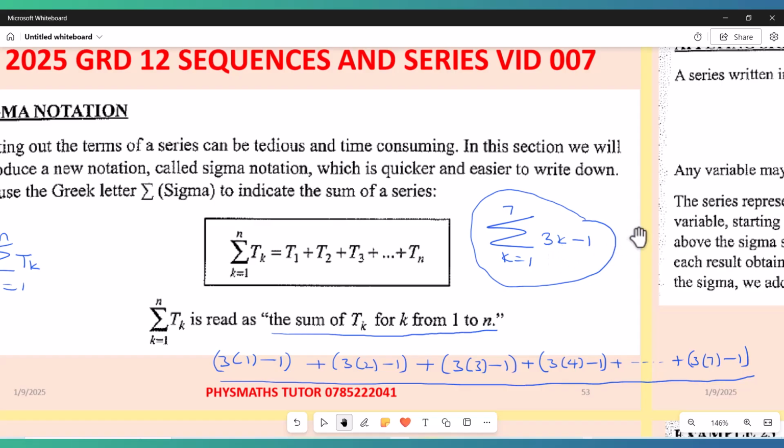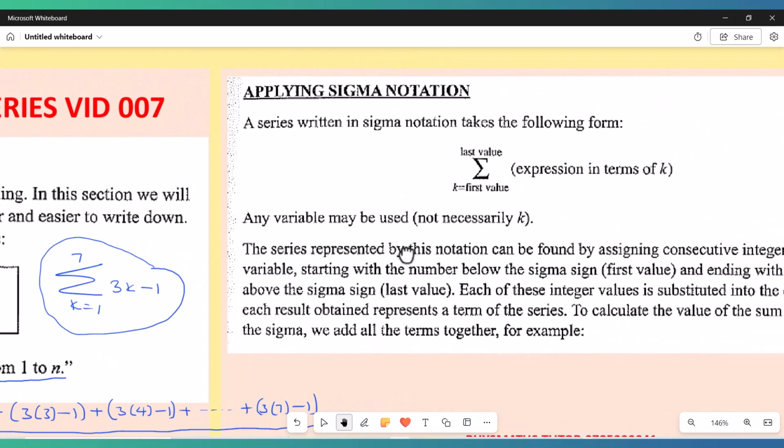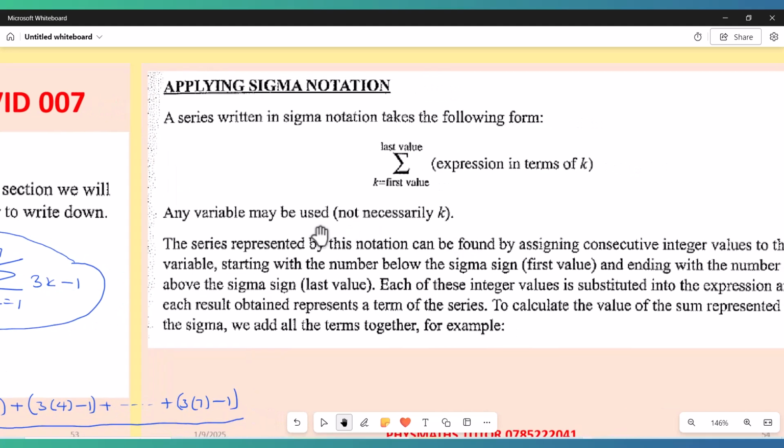Let us proceed now, applying the sigma notation. A series written in sigma notation takes the following form. We begin from the first value of K, until the last value, then we have the expression in terms of K. What I'm going to emphasize here is that if the beginning variable is K, it must be in the expression, nothing else.